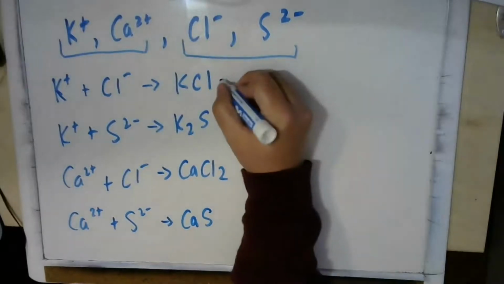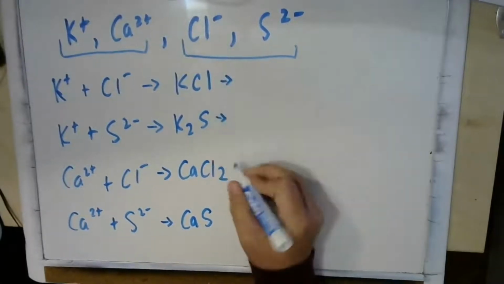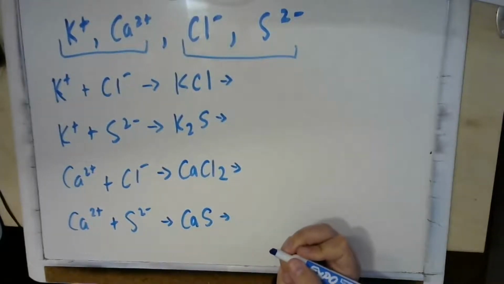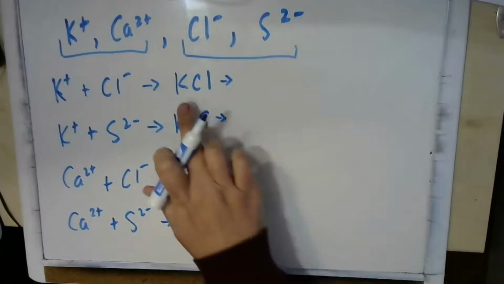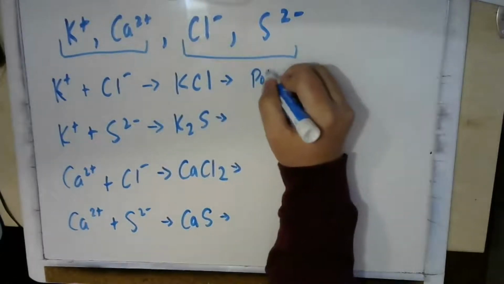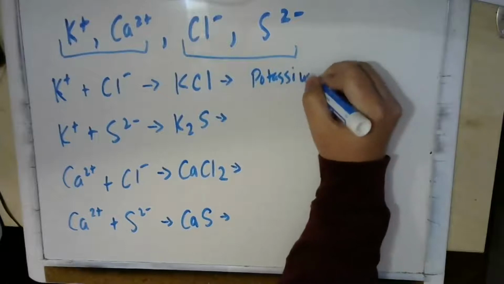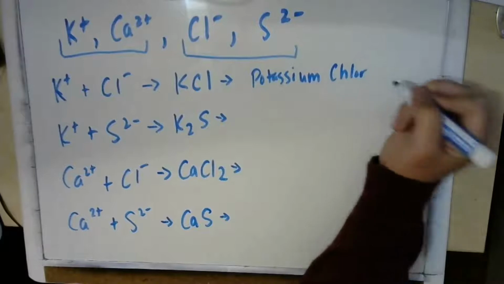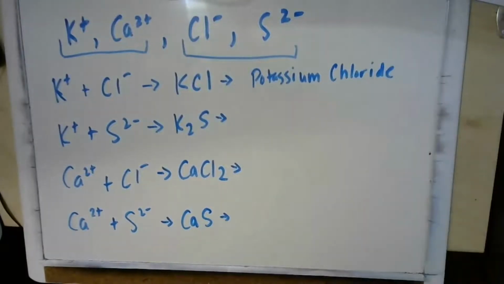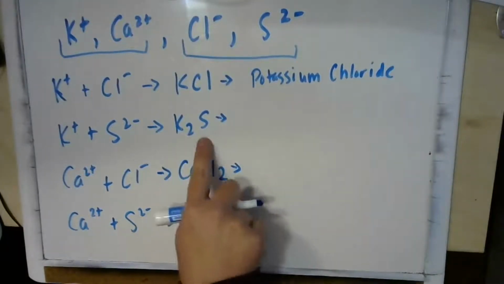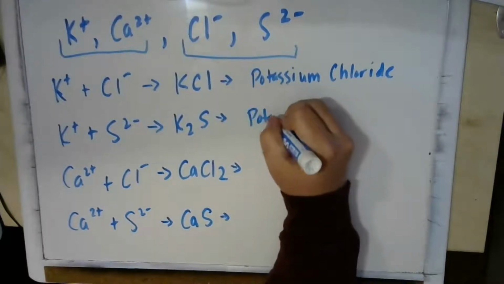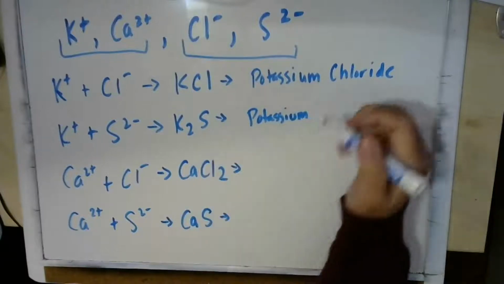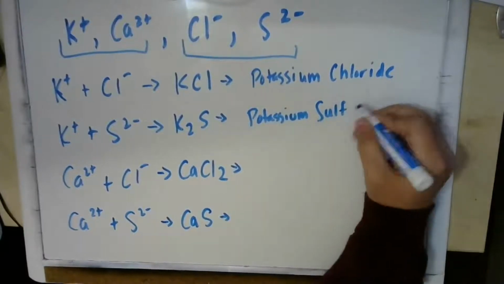Now if I want to name these, calcium and potassium, like we discussed before, are both type 1 metals, and they're going to form type 1 ionic compounds. So we'll name the metal first, and then the nonmetal root, which is chlor, and the IDE ending. Same thing here, we're going to start with our potassium metal, then we'll take our nonmetal root and the IDE ending.